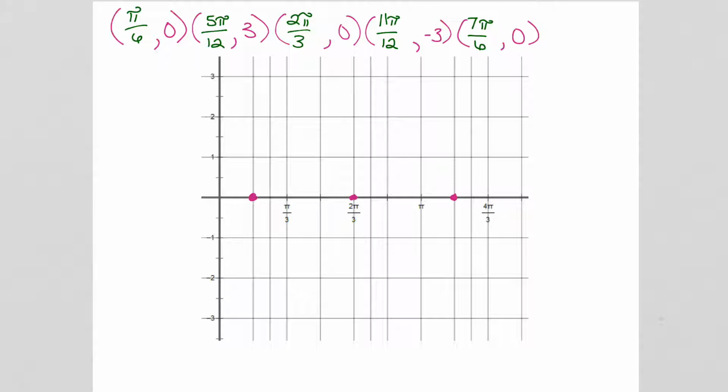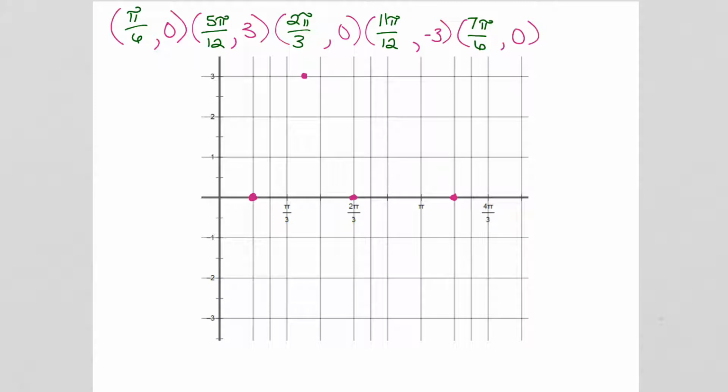Yeah, now it's hard to find the ones in between unless you do it like this, okay? 5 pi over 12 is not marked on our graph, but we know it has to be halfway in between these two. So somewhere up here, about halfway in between, looks like about right there, we have the point 5 pi over 12, 3. And then, again, I don't like where I put that. I think it's more about right there. Yeah.